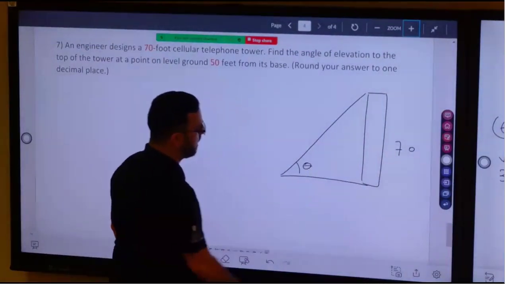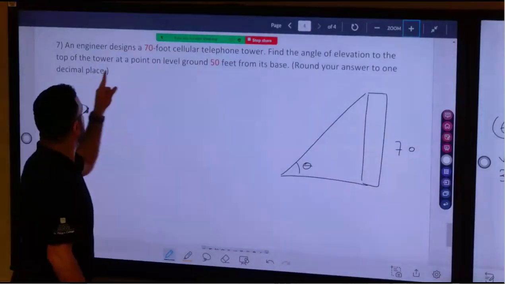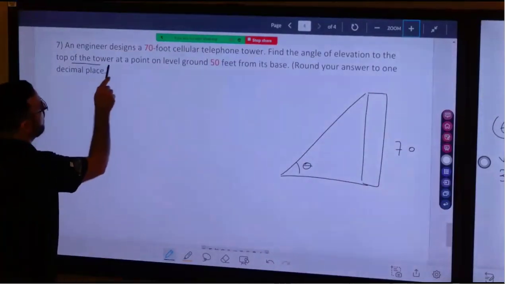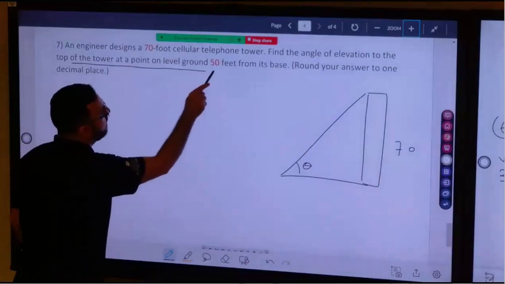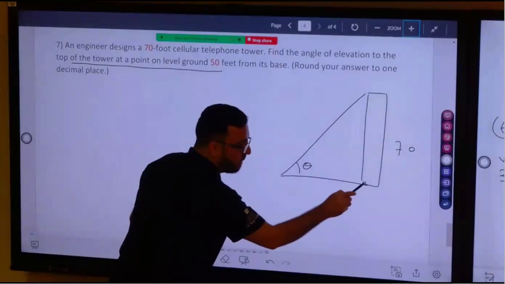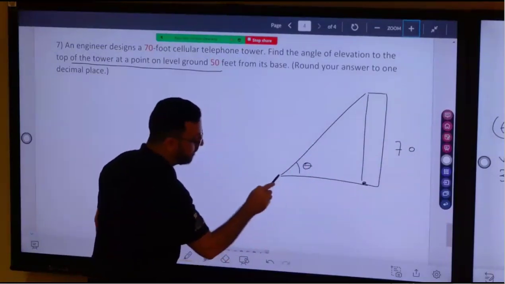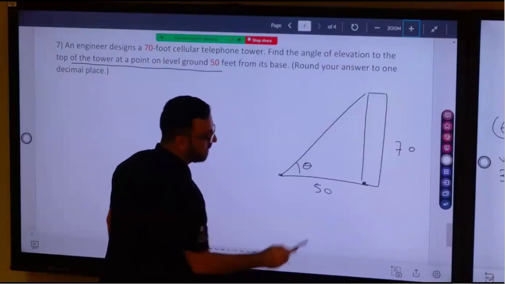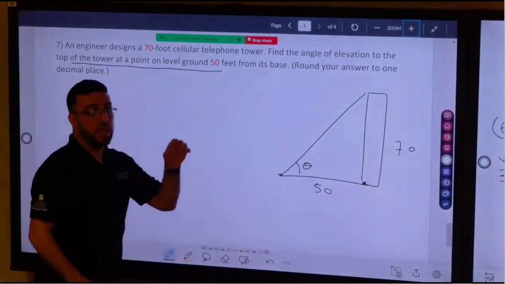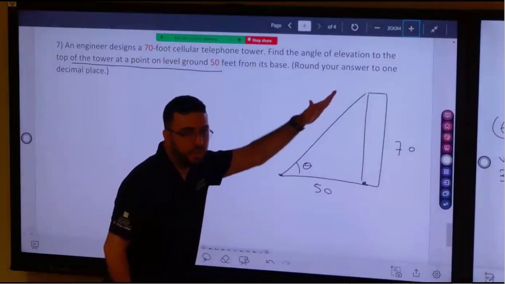I'm gonna say it's theta. The point is 50 feet from the level ground, so here's 50 feet. Your goal is to find theta, not this side.